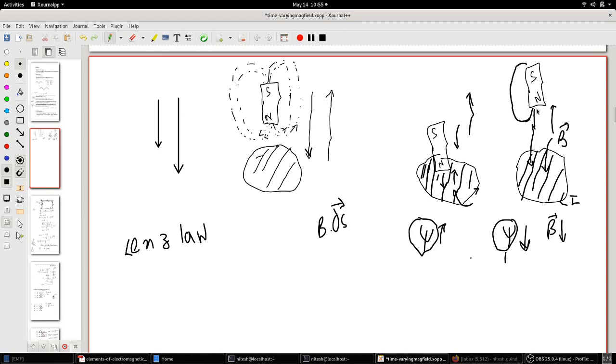The amount of flux lines that pass through this closed loop decrease when you take the magnet away from the closed loop. Similarly, when you get the magnet closer to the closed loop, the amount of flux lines increase, thereby increasing or decreasing your psi.